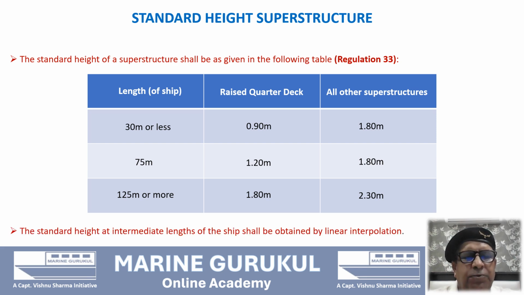For ships of intermediate lengths, that means between 30 and 75 or 75 and 125, the standard height of the superstructure can be calculated by linear interpolation. And if a superstructure is meeting the standard height requirement, it shall be referred to as a superstructure of standard height.